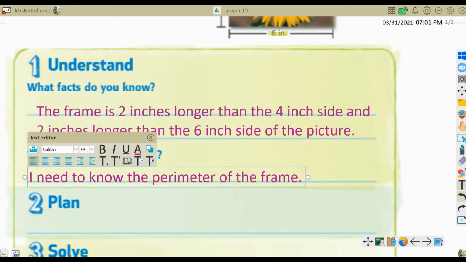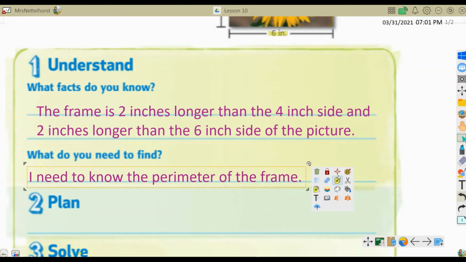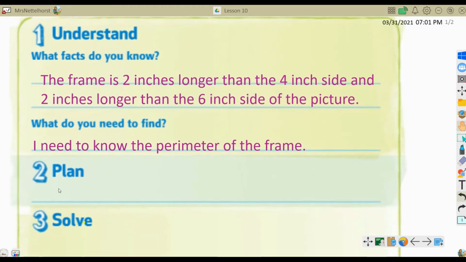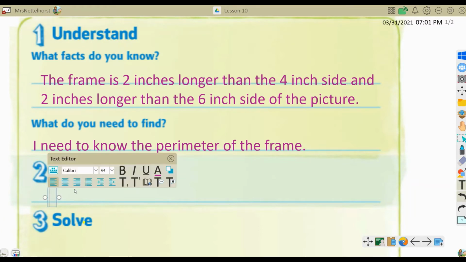Okay, so my plan is that I'm going to draw a diagram because that's what we're learning how to do.